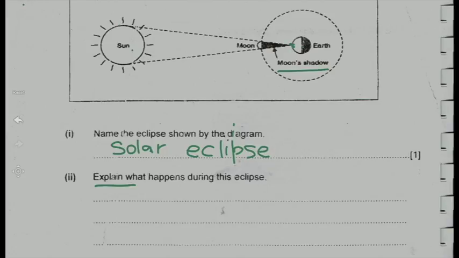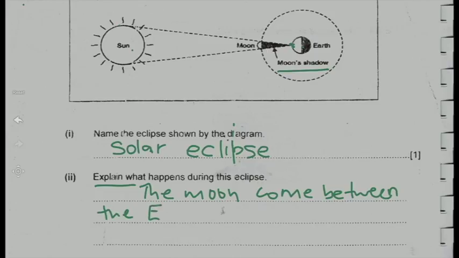I've just mentioned that. In this eclipse here, the moon comes between the what? The earth and the sun.